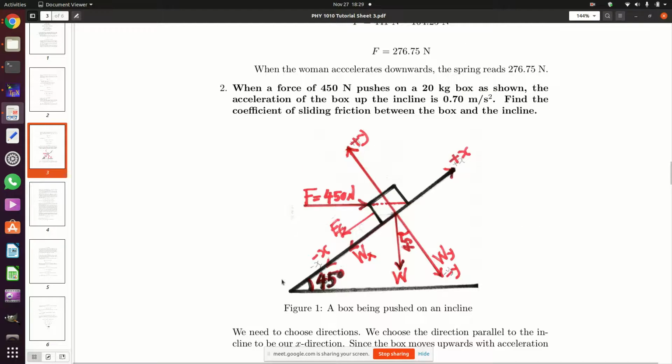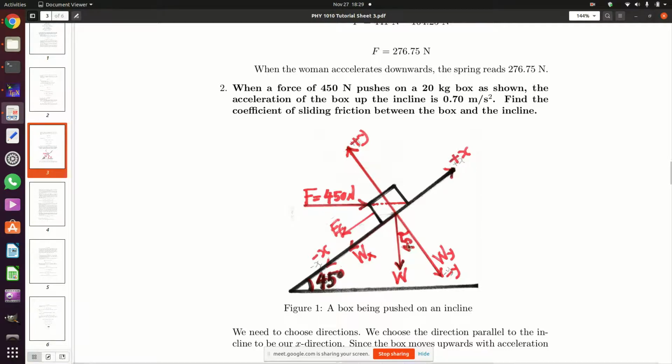Now, another thing of interest is the angle of the incline. The angle of the incline and the angle here are the same. It's 45.